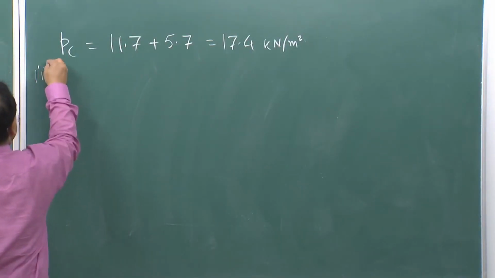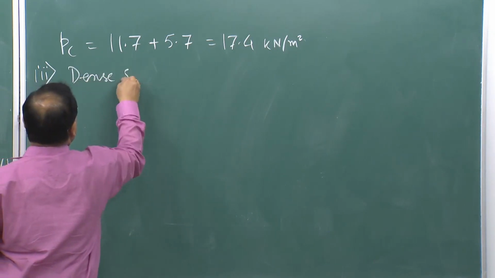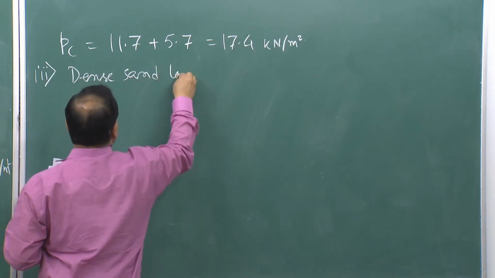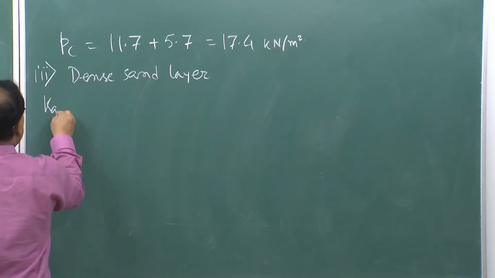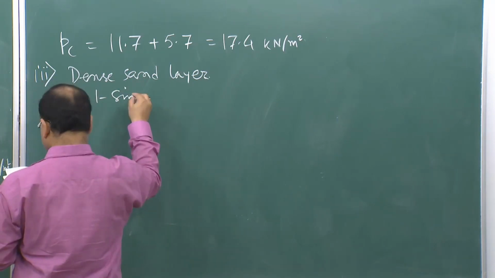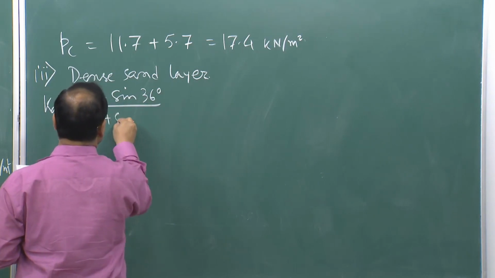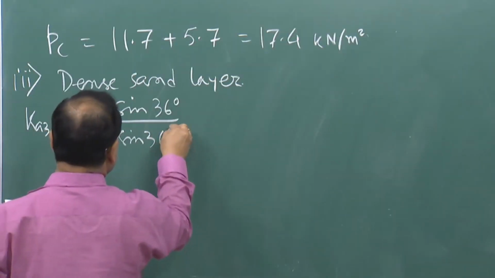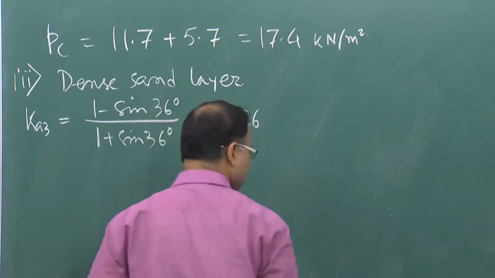So, stratum 3 is nothing but dense sand layer. Okay. So, there your Ka3 is equal to 1 minus sine 36 degree by 1 plus sine 36 degree, that comes as 0.26.